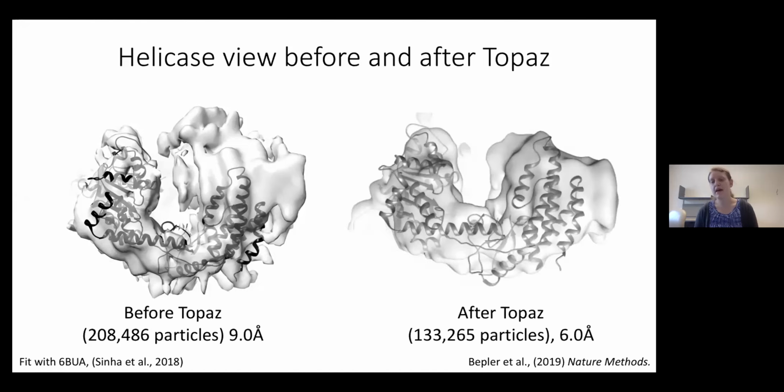But after Topaz, the overall resolution improved for the total protein to 6 angstroms, and the helicase view looks much cleaner as well. We still see that extra density on the helicase domain, and the overall size of the extra density makes more sense for the size of R2D2, because R2D2 is quite small.